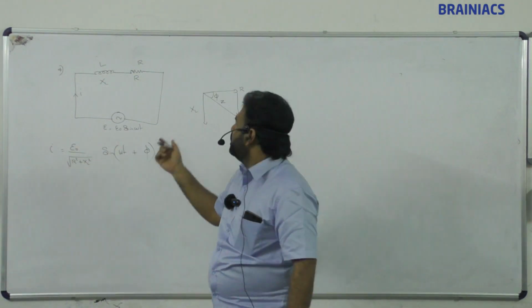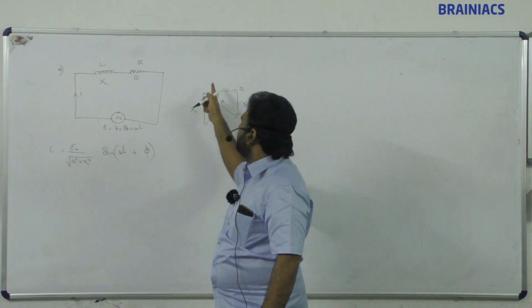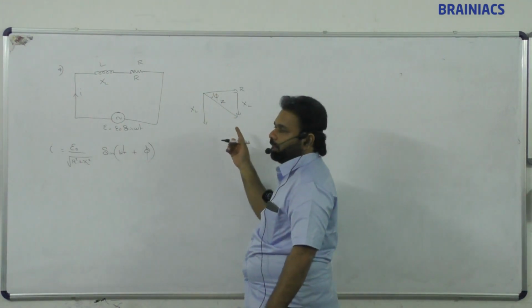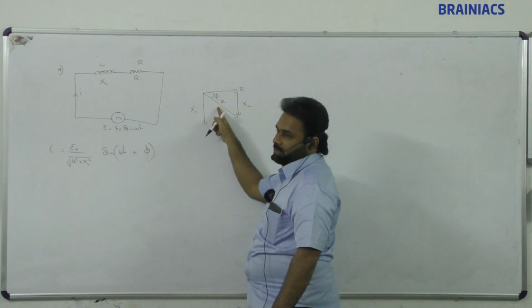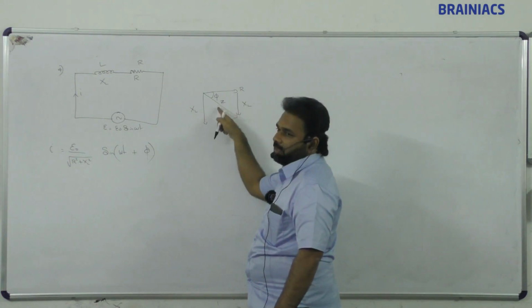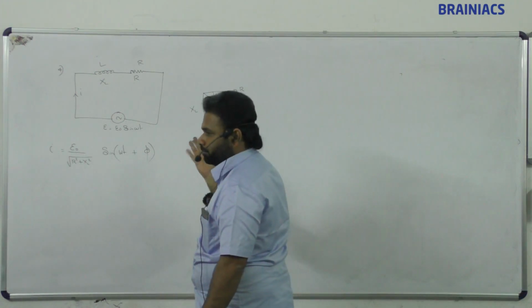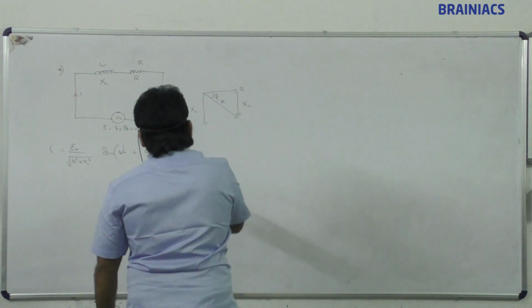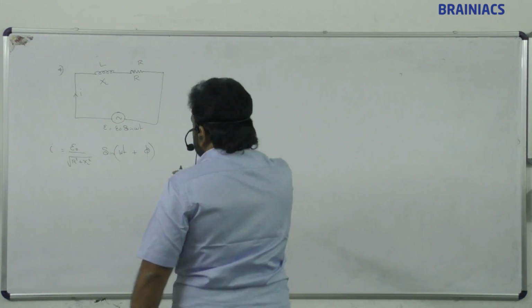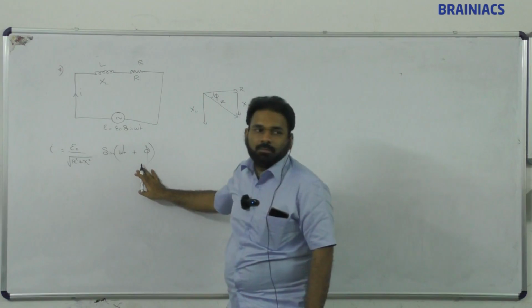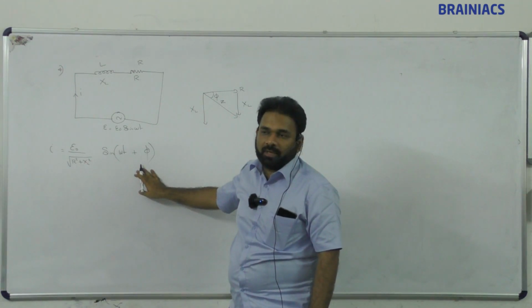Based on whatever we want, we can write cos inverse of R by Z or sin inverse of XL by Z. Anything we want we can write. Correct? So here what will happen? Will this phi be positive or negative in the current? You need not play with the trigonometry and struggle.